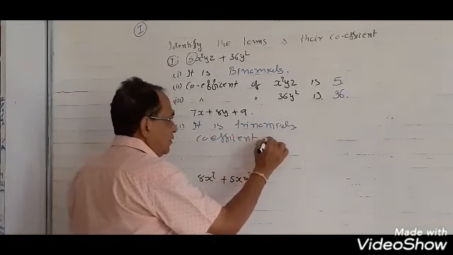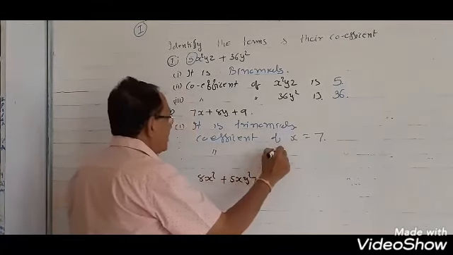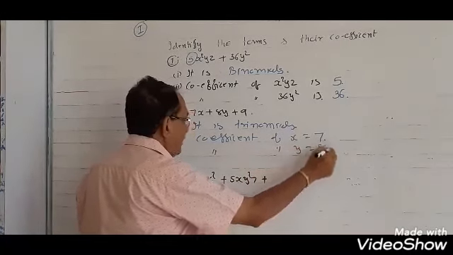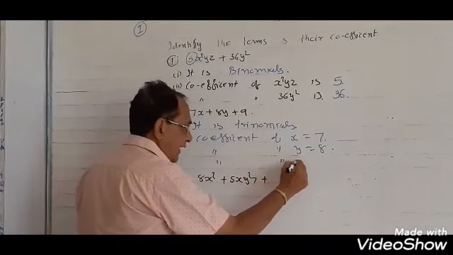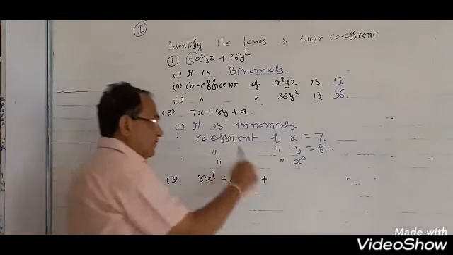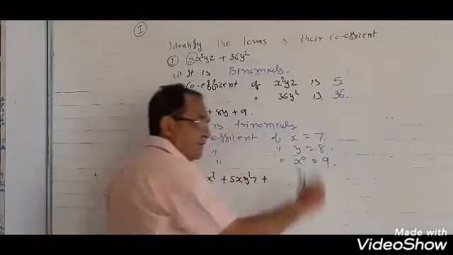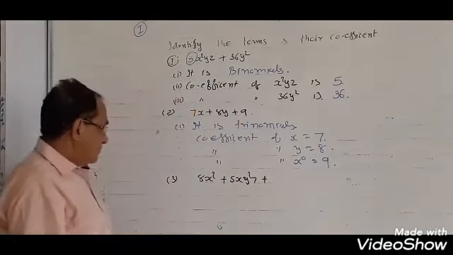Tell me that. Coefficient of x is equal to 7. Coefficient of y is equal to 8. Now see here, coefficient of x raised to 0, x raised to 0 is equal to 1, is equal to 9. Be careful, it is also known as the constant term.